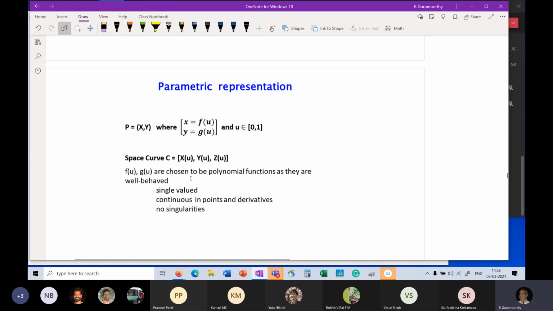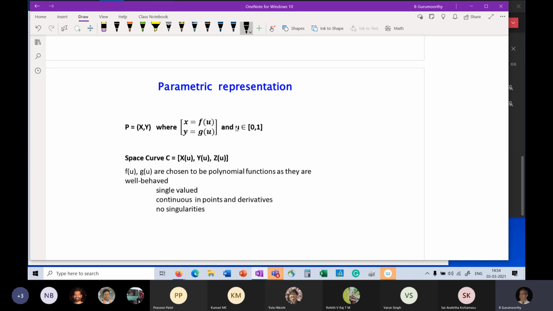Let's now go on our way to look at the parametric representation in the general form. We saw the one for the line, but essentially we wrote it as each spatial coordinate being a function of the parametric variable u. So if I'm looking at a planar entity, then x is f of u and y is g of u.